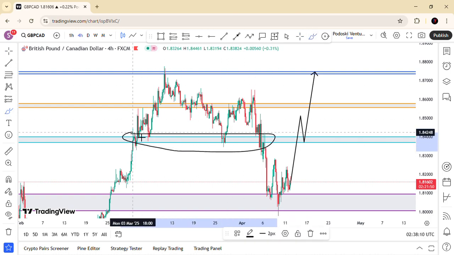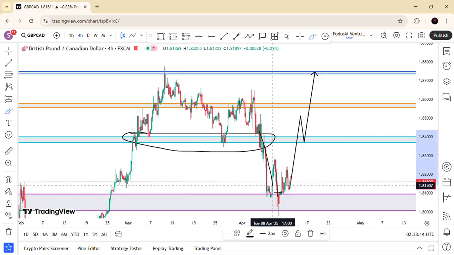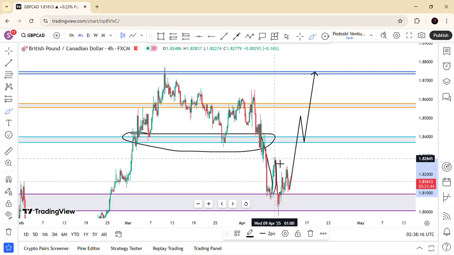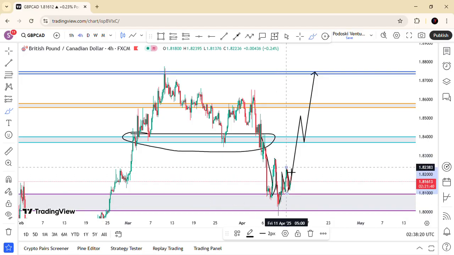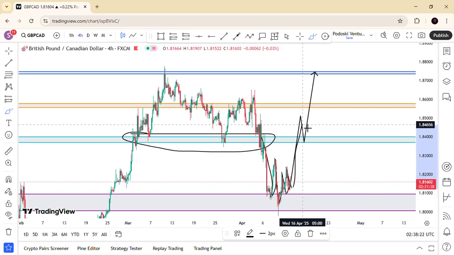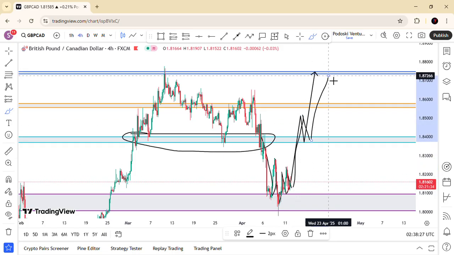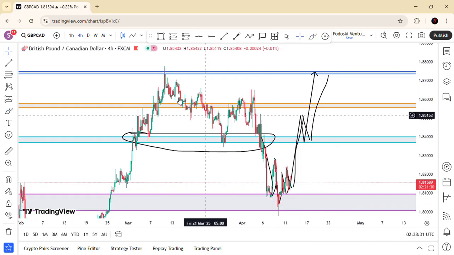That was a very strong demand zone, but price was able to break it to the downside, and we are seeing a bullish market structure forming on the 4 hour. But you wait for it to break and retest before we buy all the way to the upside on GBP/CAD. That's it on GBP/CAD.